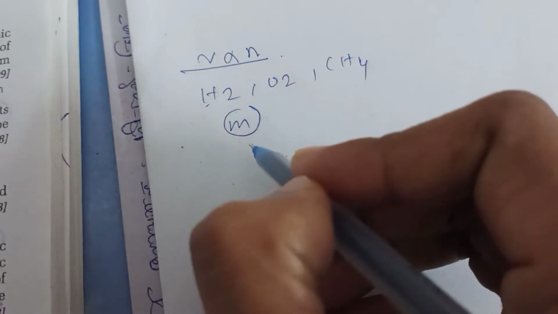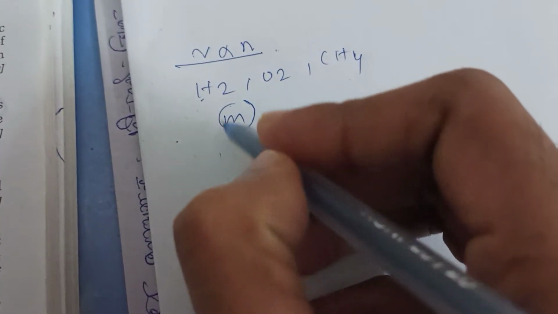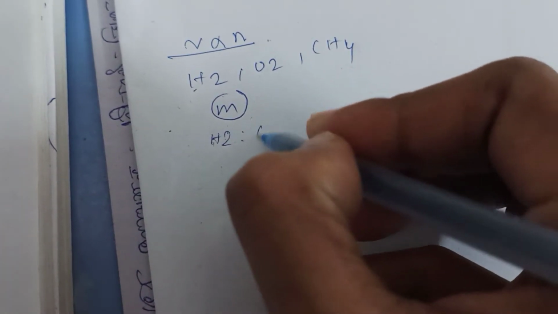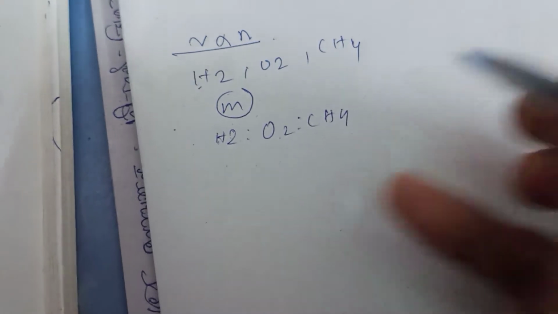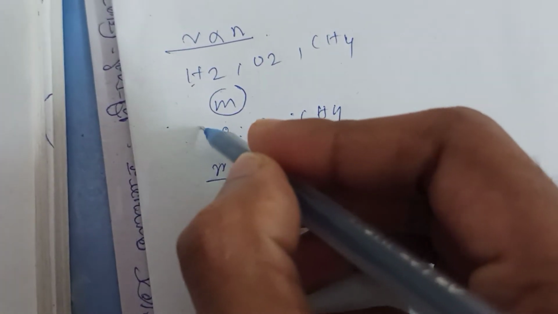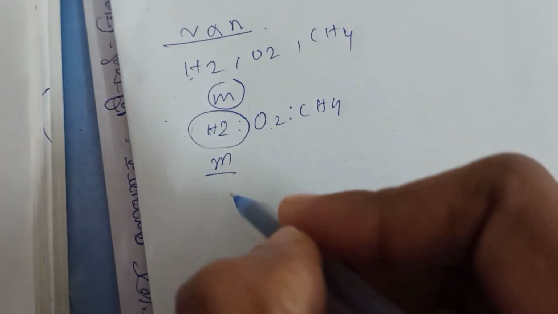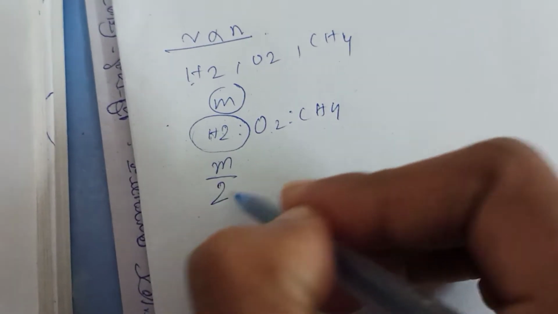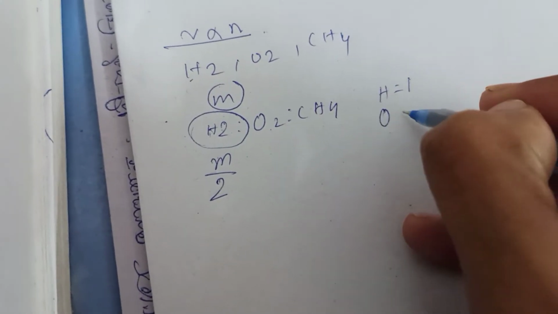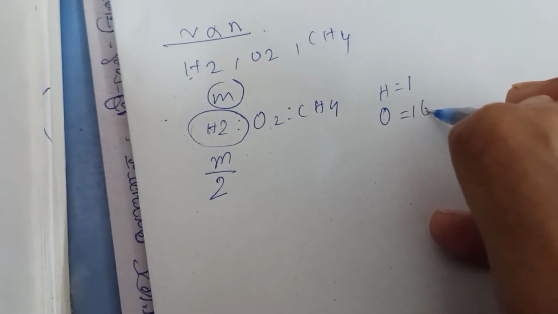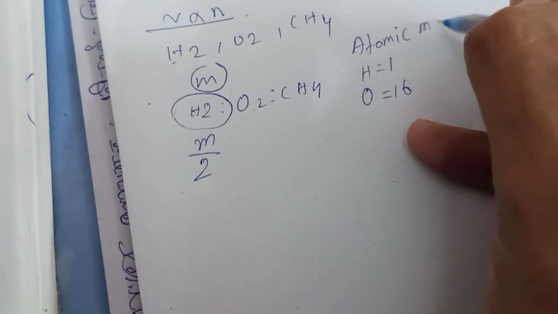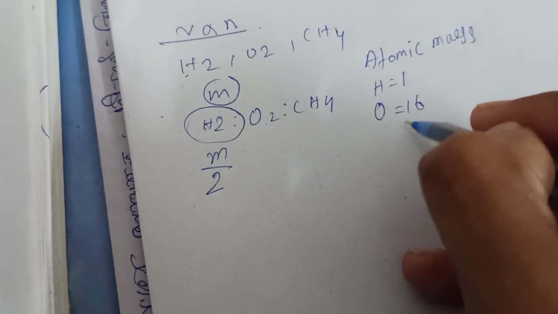Now in case of H2, O2, CH4, we can write m by the molar mass. The molar mass of H2 is 2, where hydrogen is 1 and oxygen is 16.